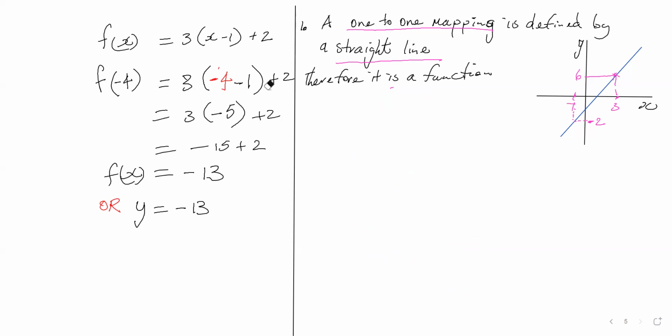All right. I have 2 other points to make concerning this. So number 2, we have 3 points in all. A many-to-one mapping is defined by a curve.